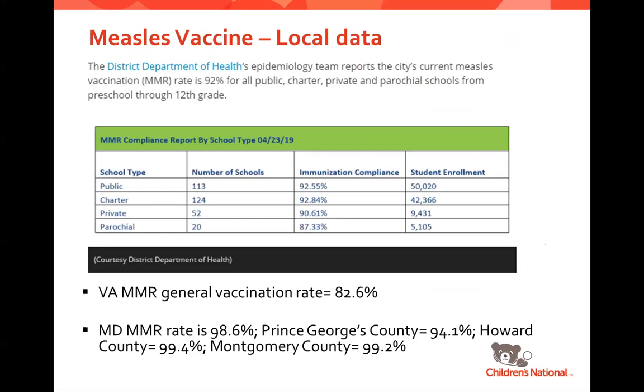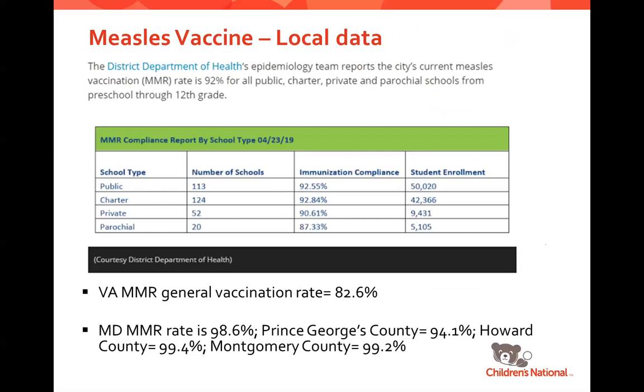In Maryland, again, that general vaccination rate for preschoolers through 12th grade is great. It's 98.6%. And in Prince George's County and Howard County and Montgomery County, you can see the numbers listed there. So that's fantastic for us.